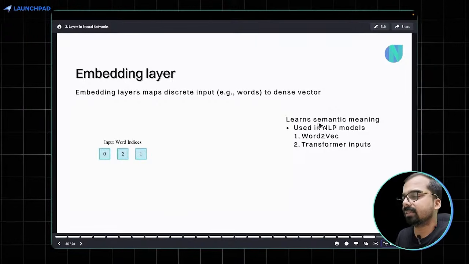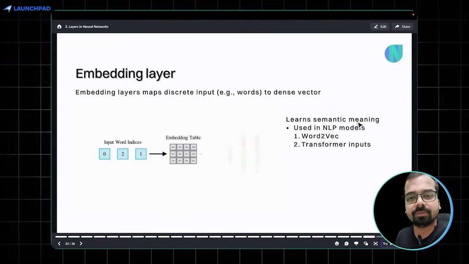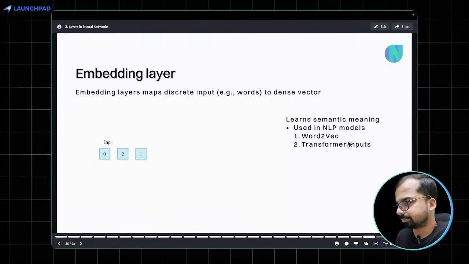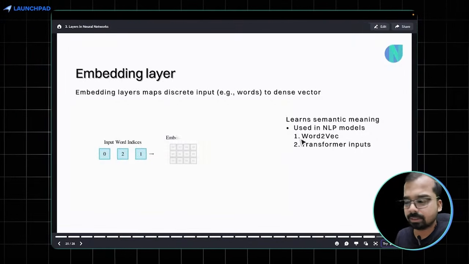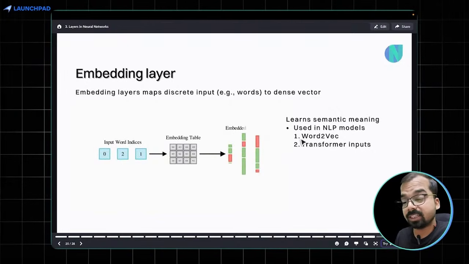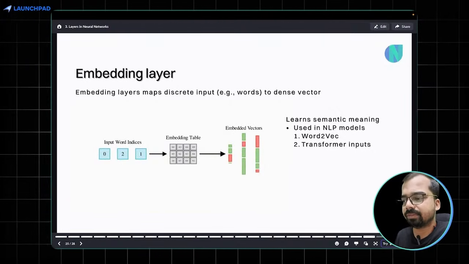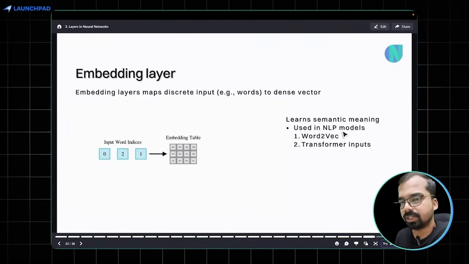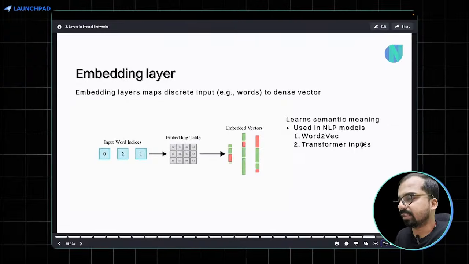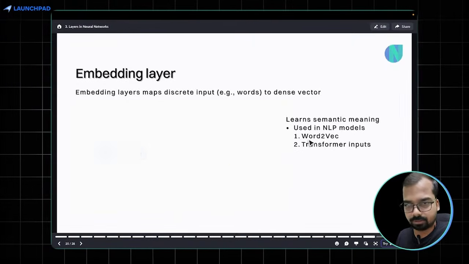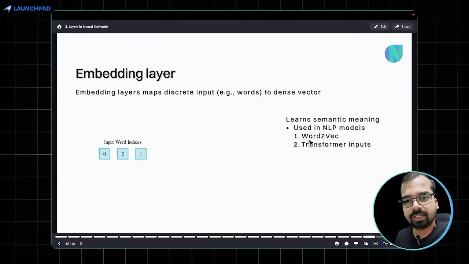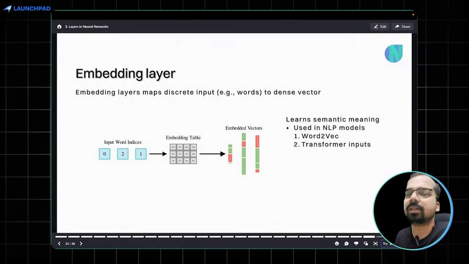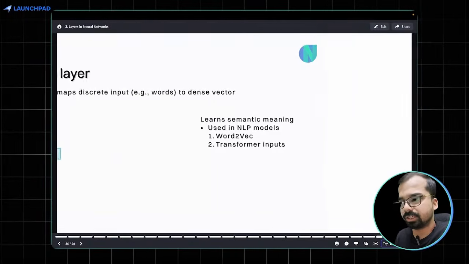They understand the meaning of the words and convert them into numbers. There are a couple of neural networks specifically created to build these word embeddings. One such famous model is Word2Vec, and embeddings are also used in transformers. Whenever you are dealing with textual data, you would need embedding layers. In Keras, the embedding layer class is already present, so you can use it directly.